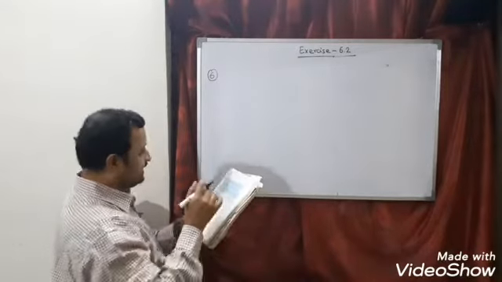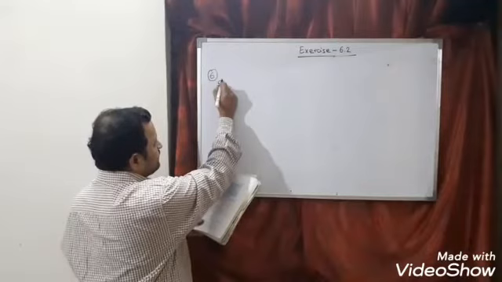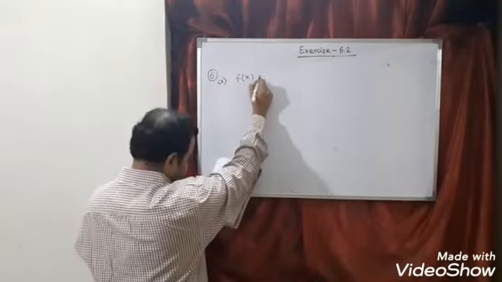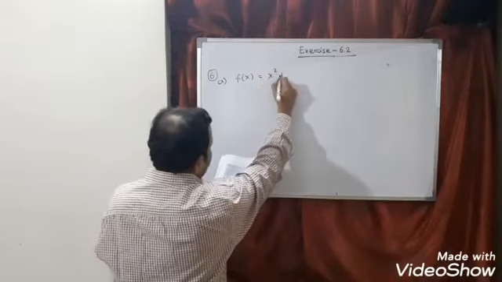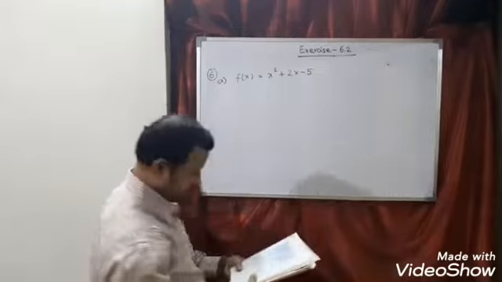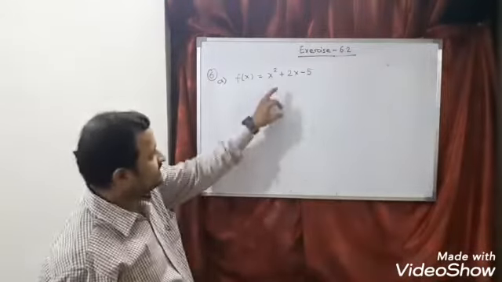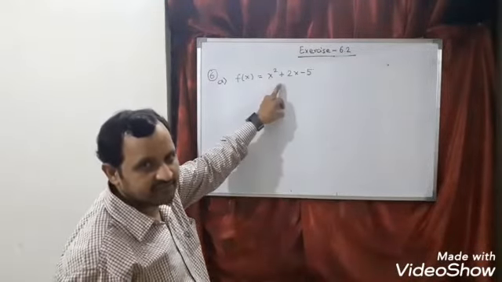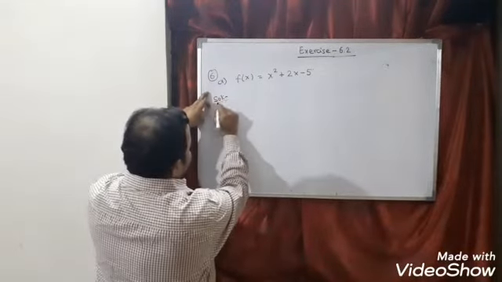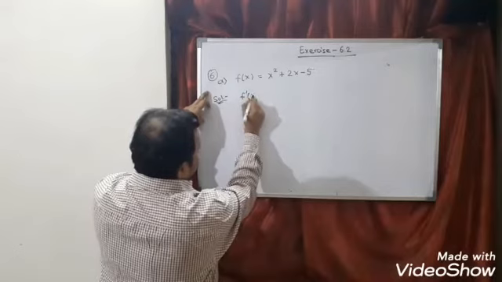So let us see each and every question of this bit. First bit is f of x is equal to x square plus 2x minus 5. Now since it is a polynomial function, we can apply the working step. So what is the working step?